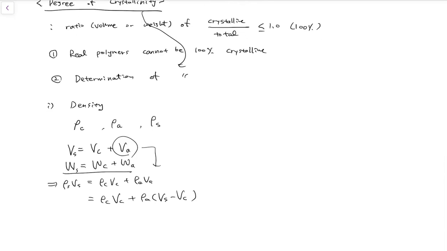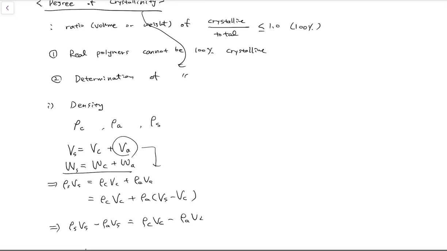Okay, so if you rearrange it, what you can get is that rho S Vs minus rho A Vs is equal to rho C Vc minus rho A Vc.